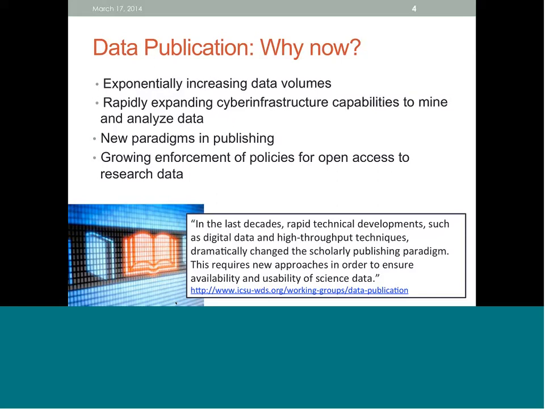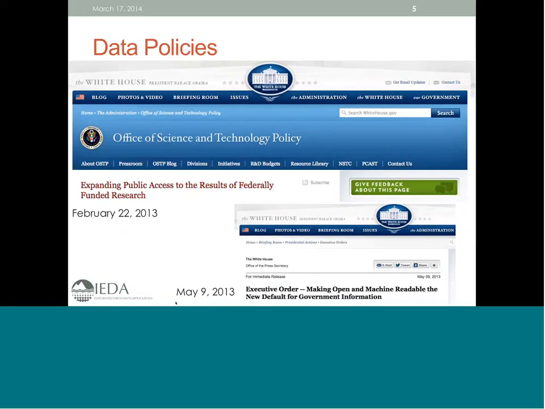And just emphasizing, many of you may have seen this, that in the past year there were two releases of executive orders from the Office of Science and Technology Policy from the government to better share federally funded data, and that clearly pertained to the National Science Foundation and other federal agencies.